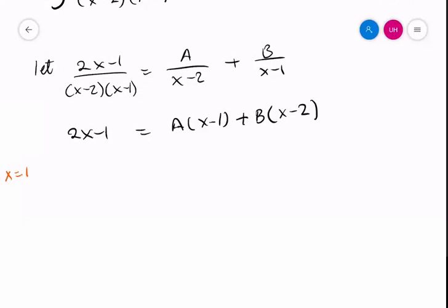So when x is... let's go back here. Sorry, x equals 1, I wrote it one way.